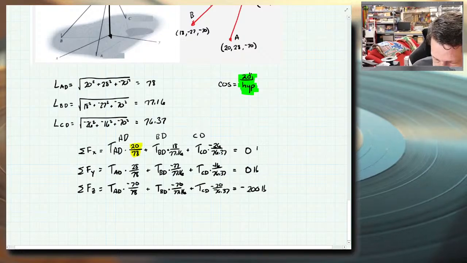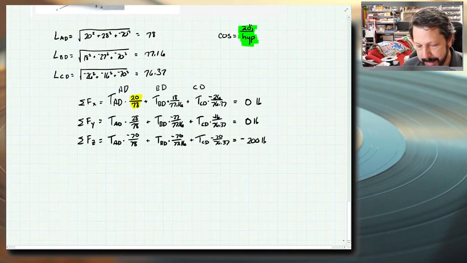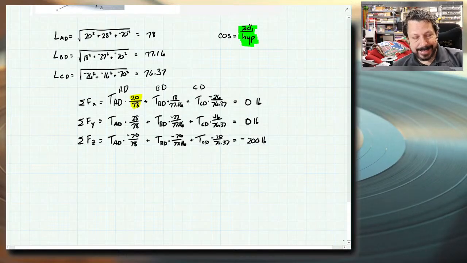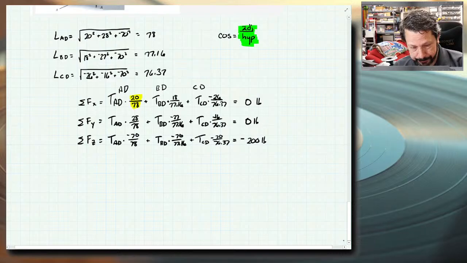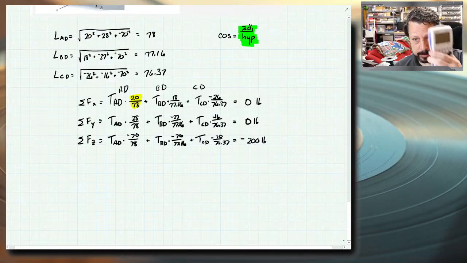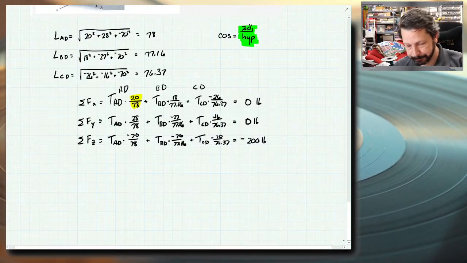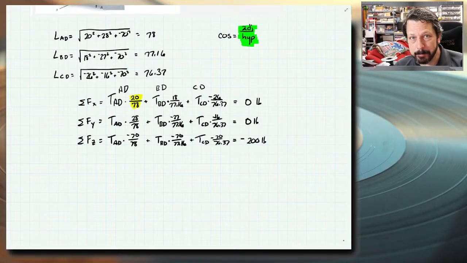These are 0 pounds. Now, at that point, you'll need to get this into some sort of simultaneous equation solver. And it's okay, you're not going to have MathCAD on the exam, but whatever calculator you're using, most any scientific calculator will at least let you put these in as matrices and solve them that way.